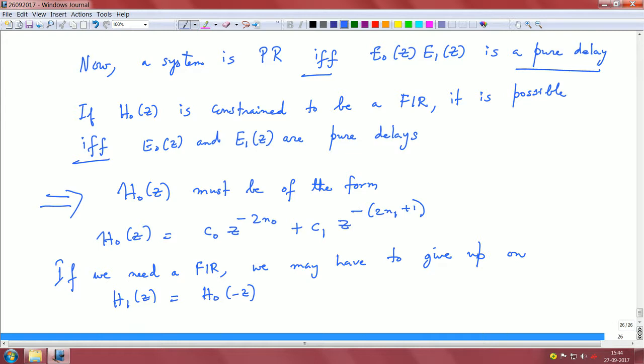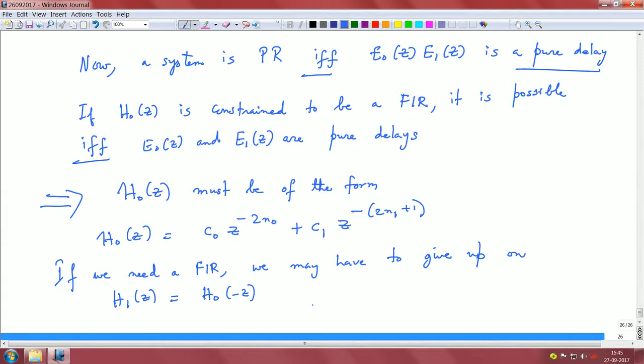I mean, it is ideally easy for us to have one base filter h naught of z, from which we can get h1 of z and from which we can synthesize other filters. But if we did not want to have a quadrature mirror property to get the high pass filter, and I want to restrict it still to be FIR for the base filter, then it is difficult to get possibly an FIR filter which satisfies this property, right. I mean, you can plug in a minus z here and you will see what the effect is.